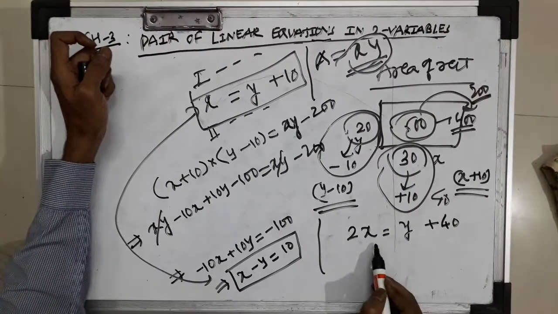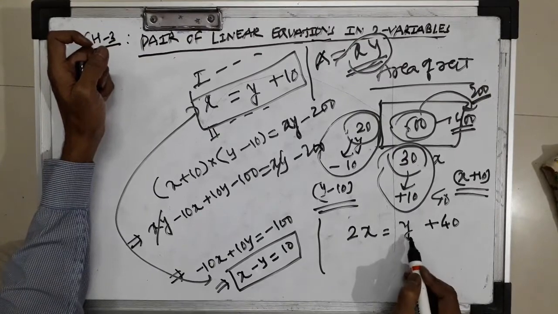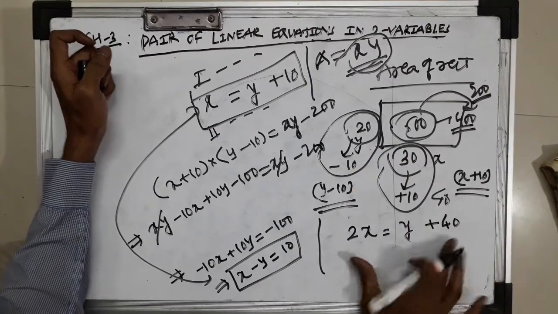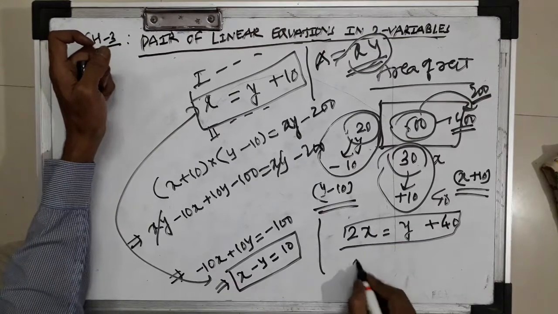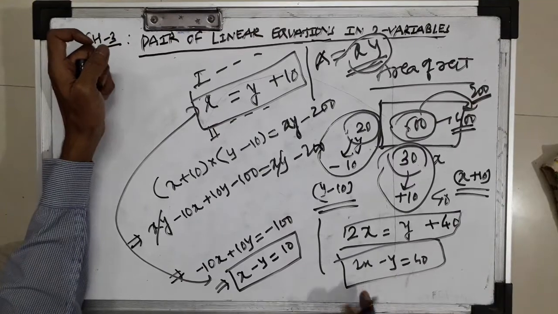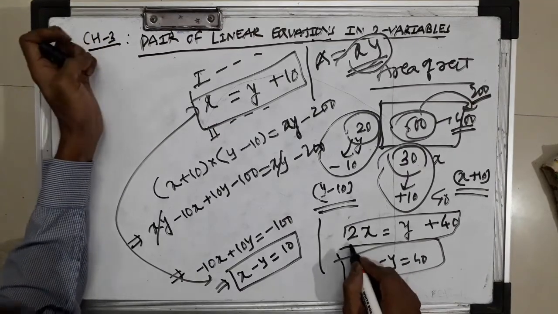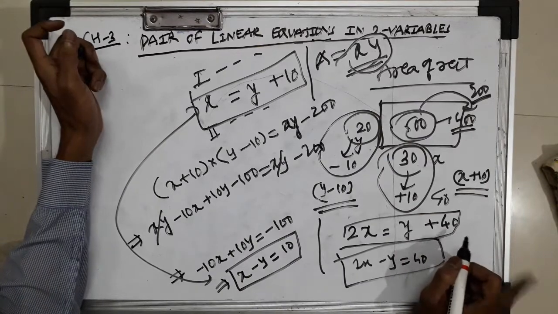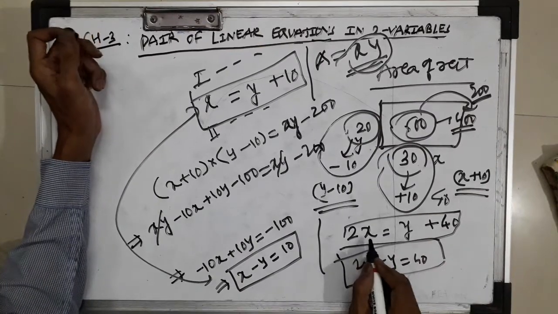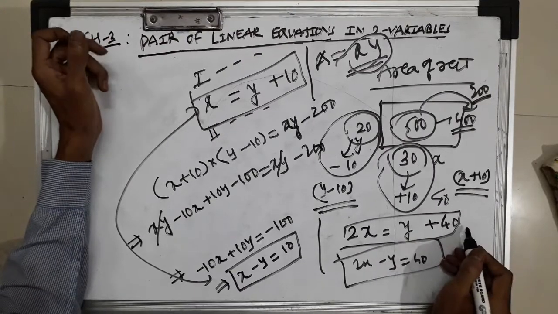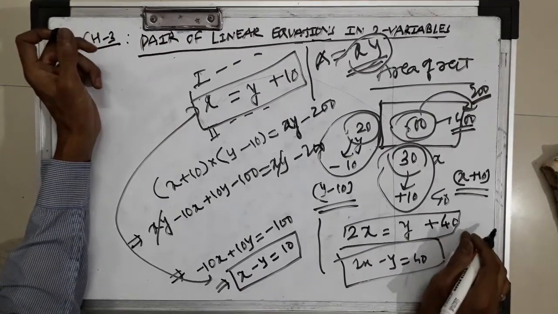Twice of length means 60 and y is 20. Originally 20 plus 40, again 60. The second equation you can take in this way: 2x minus y equals 40, right? That's what it is. Twice of length is 40 more than its breadth. This is one statement. Or twice of the length exceeds its breadth by 40. This is another statement for it.